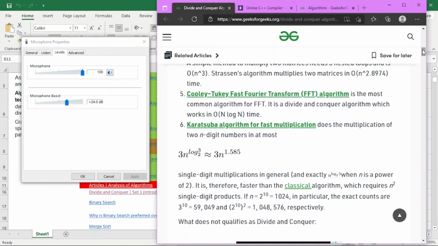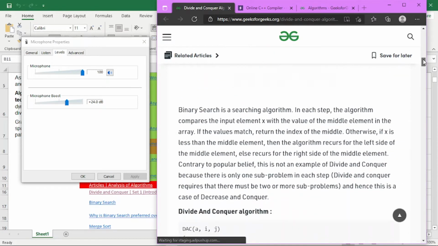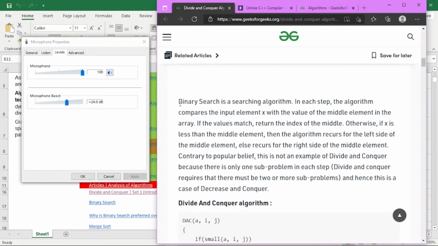You can see this in the example of binary search, where we have to search for an element. What we do is we take a middle element, and if the target value which we have to find in the array is less than the middle, then we search in the left side. Otherwise if it is greater than the middle, then we search in the right side.